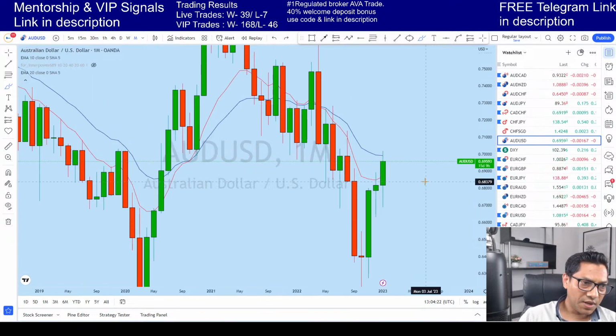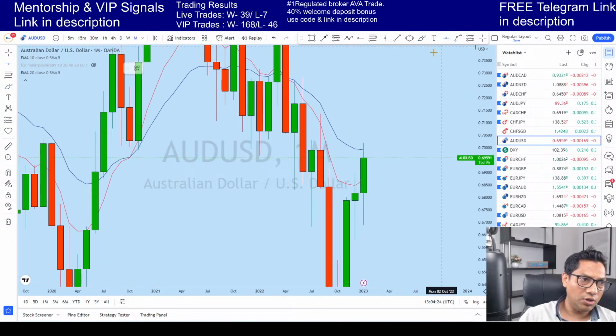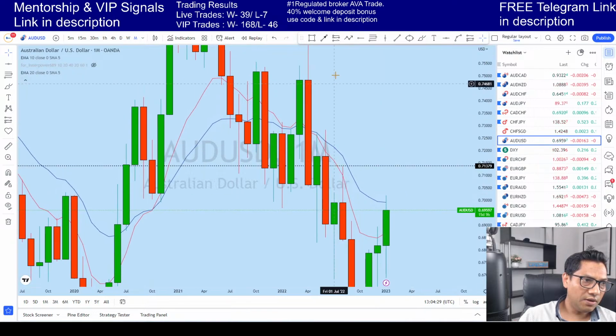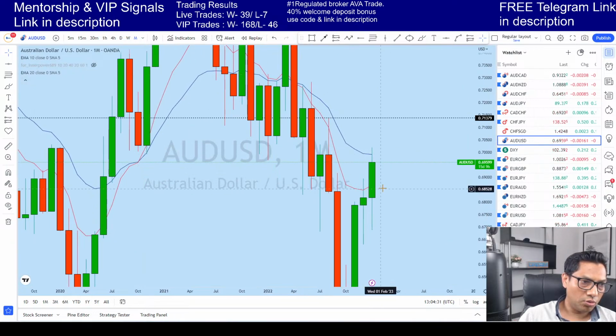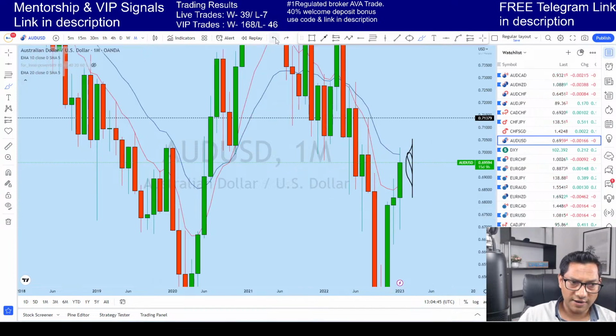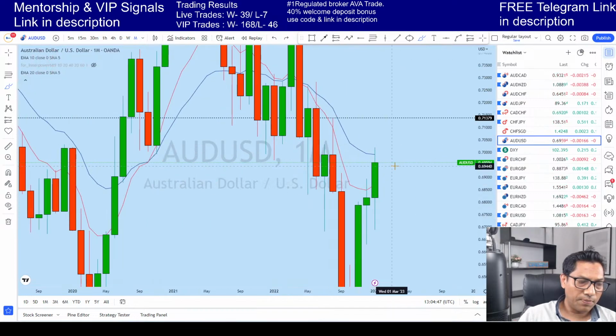So monthly is highly bullish, and I think AUD USD could finally break this level, or this month could be fully bullish, and then probably next month we might see a bearish candle like that, and it could create an inverted head and shoulders and then reverse from here, from a higher time frame perspective. So the price action is bullish with all of that in mind.